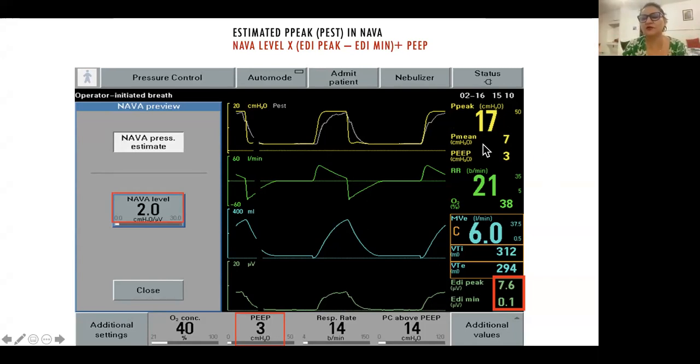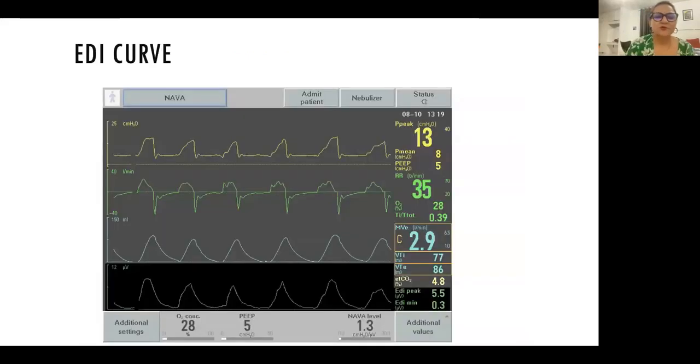So that is what the baby is getting. So this is how it is calculating. So when you have set it, this is how the EDI curve will look like. And if you see, all are actually synchronous with your EDI curve. Your pressure, your flow, and your volume is synchronous with your EDI.